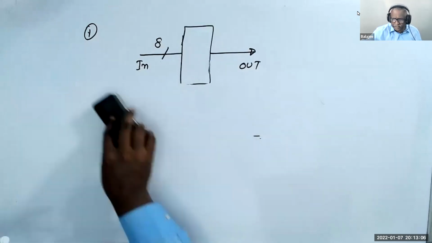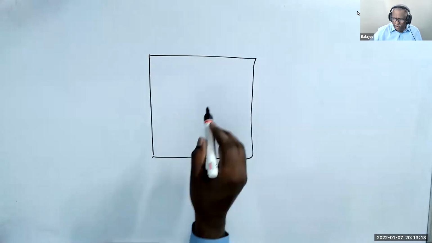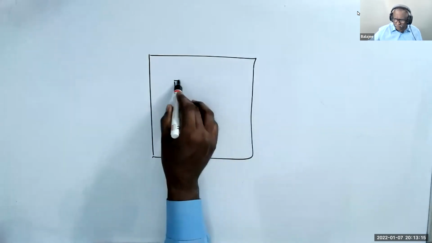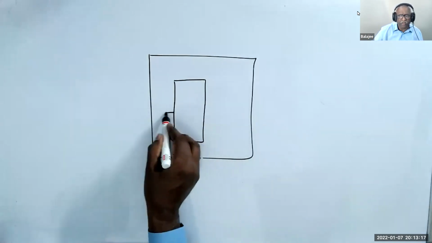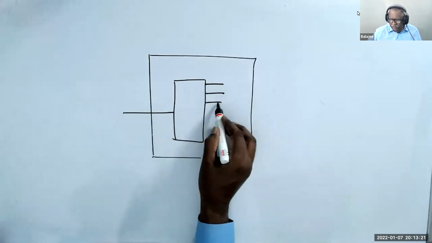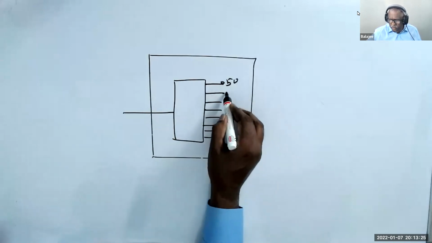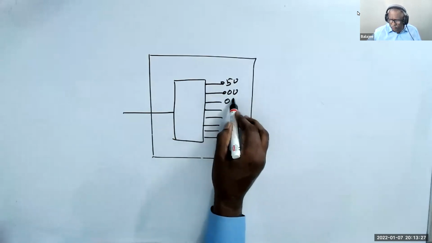The third type of memory is quite simple. Here I have a read, but internally I already connect them. 5 volt here, 0 volt here, 0 volt here, 5 volt here.